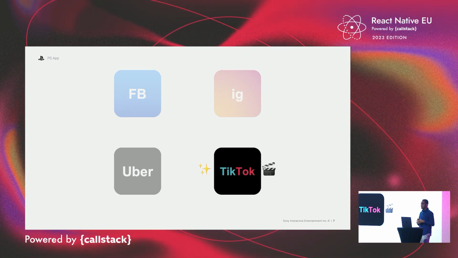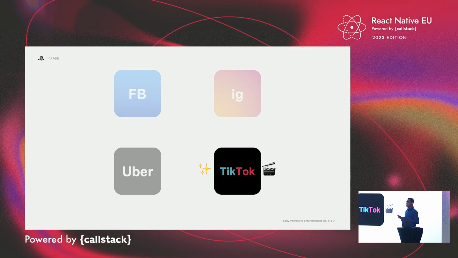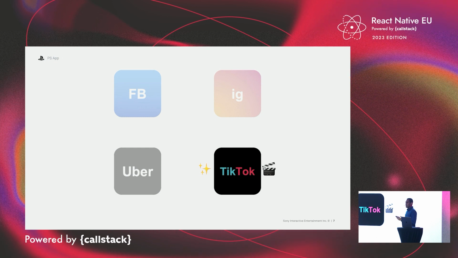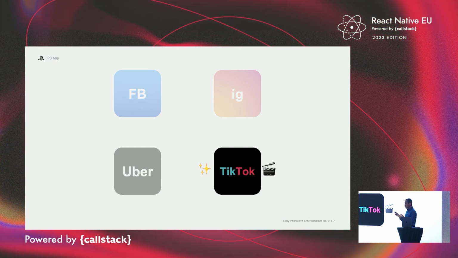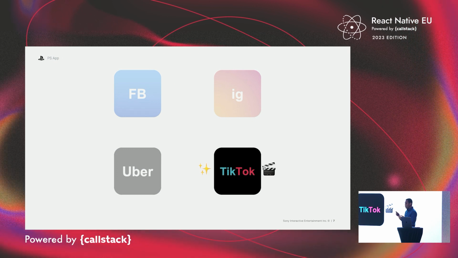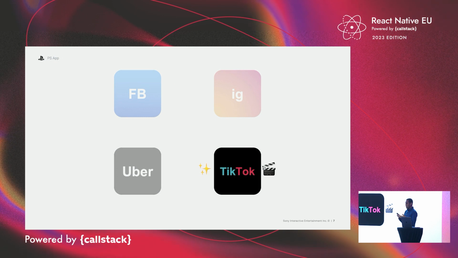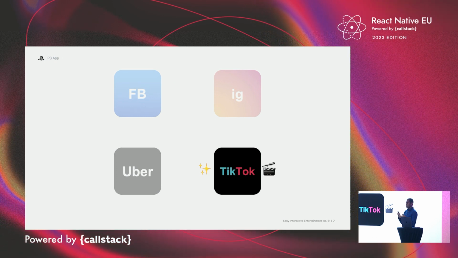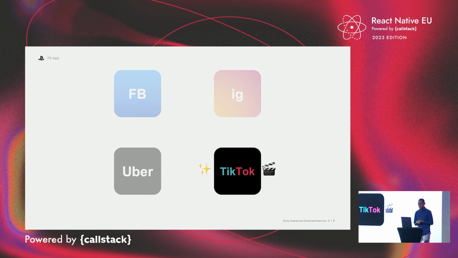The same with TikTok. It started as an app that you would use to share short-format video, and over time the app added new features, such as complex video editing capabilities.